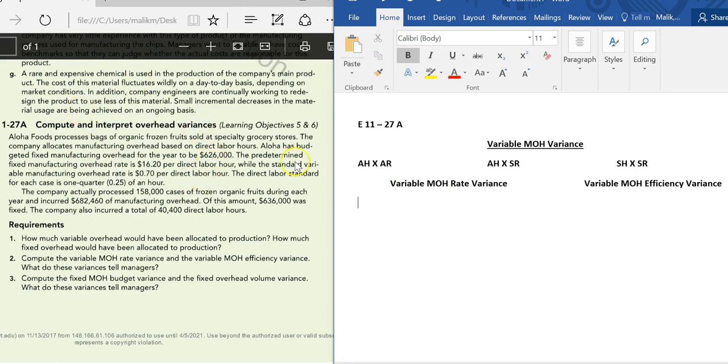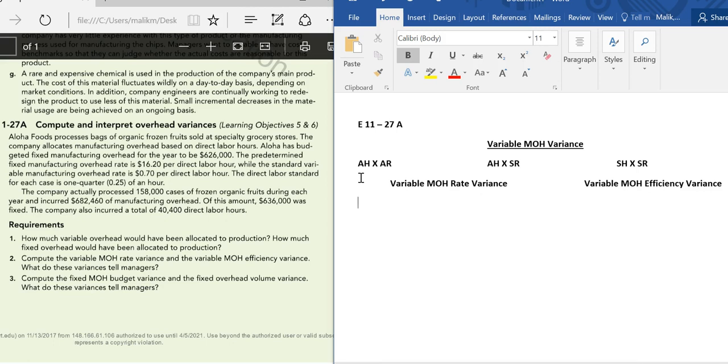First, we need to find out what is the actual hours and what is the actual rate. Again, the actual information is actually given here in our last paragraph, and the first paragraph is actually talking about the standard information. So here, this is actually your actual cost, which is calculated by using the actual hour and actual rate.